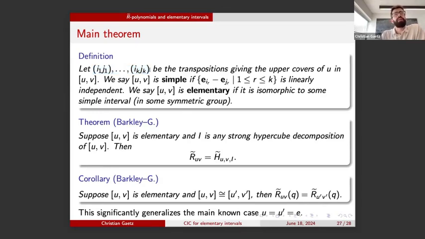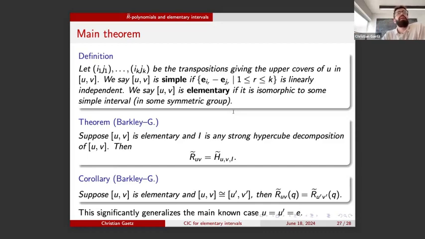Transform each of those into a vector. So instead of swapping i and j, look at the vector e_i minus e_j. If that collection of vectors is linearly independent, then we say our interval is simple. If they're not necessarily linearly independent, but our interval is isomorphic to some interval in which they are, then we call the interval elementary.